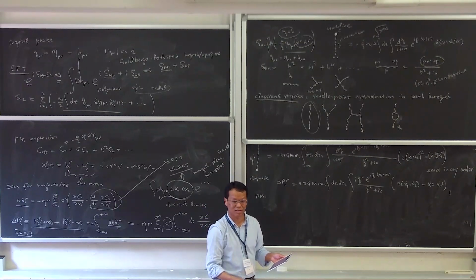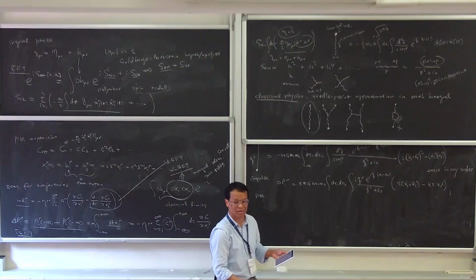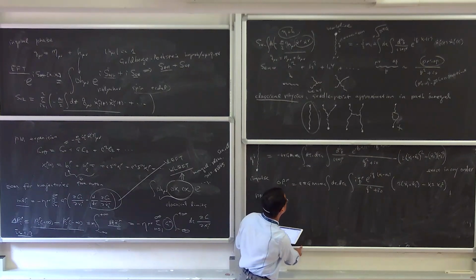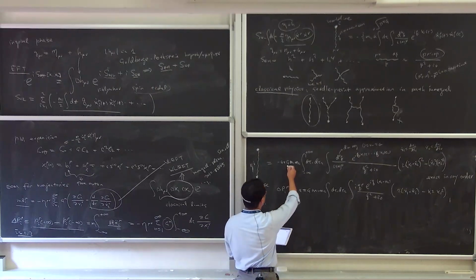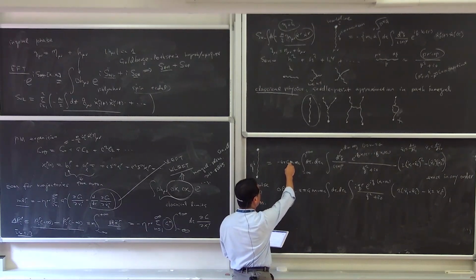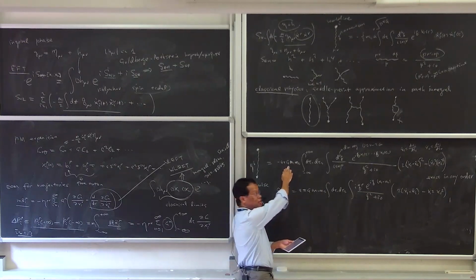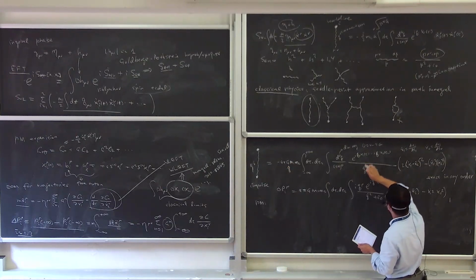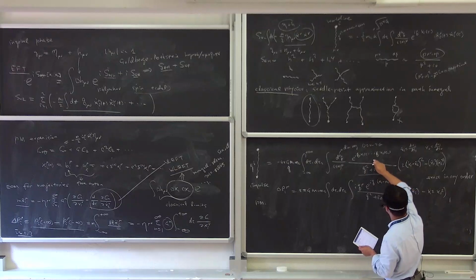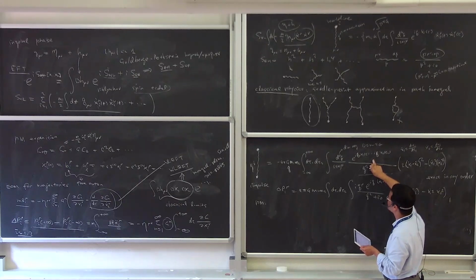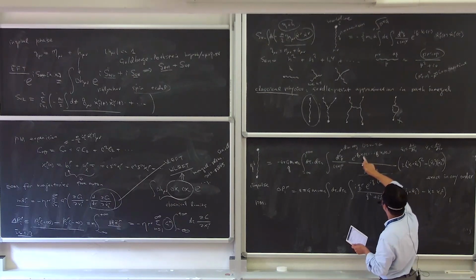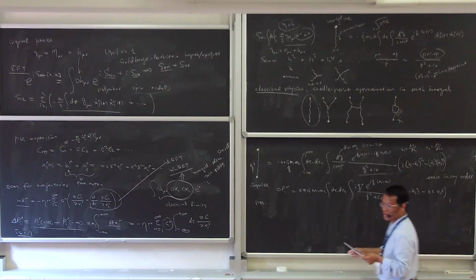Sorry? I mean, what does it mean, exact in any order? You haven't specified what x of tau means. For example, for this diagram there is an overall factor of G, right? But there are G's inside x. Yeah, exactly. So it means x and x dot are exact in any order.